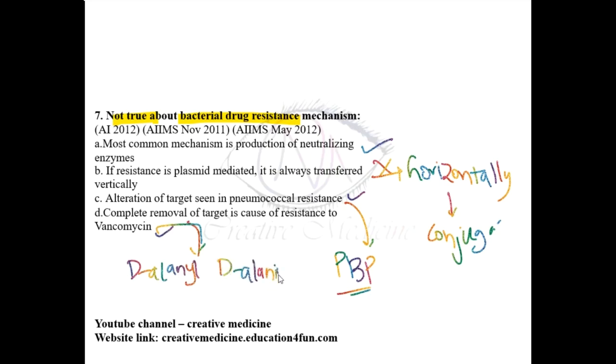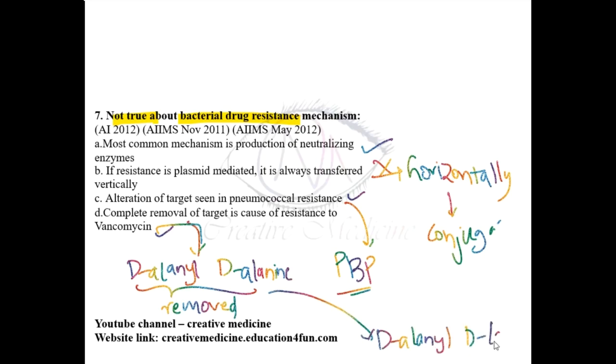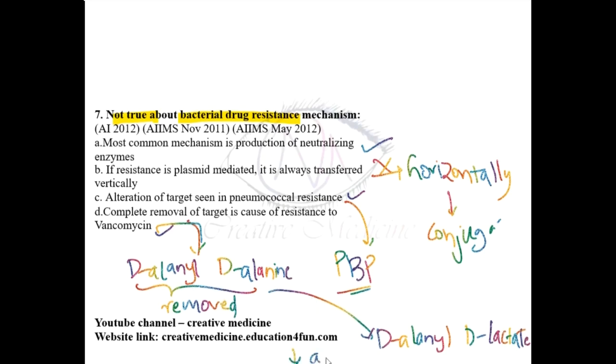So when this D-alanine is removed, how is it removed? This D-alanine is converted to D-alanyl D-lactate, so obviously the original target is not there. So there is decreased affinity.